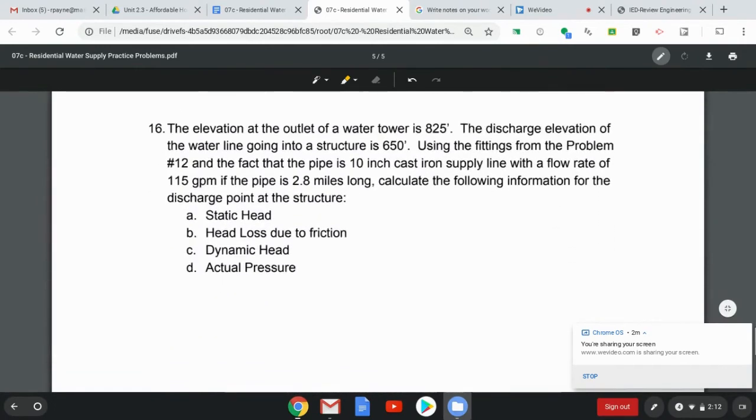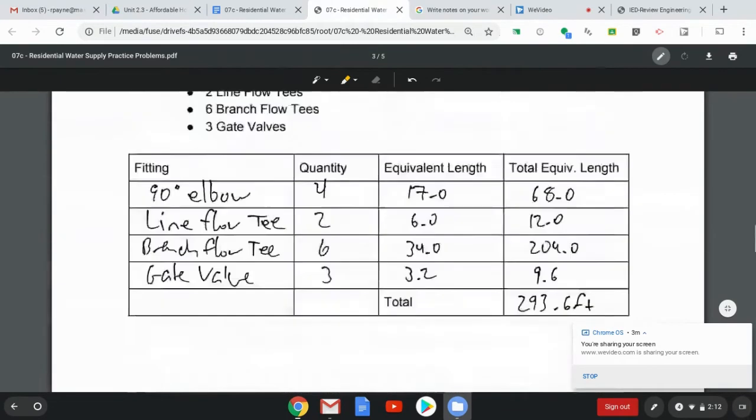And number 16, one more example problem. So we're going to go through the whole process: static head, head loss due to friction, dynamic head, and actual pressure. Based on this problem, the outlet elevation is 825 feet, the discharge elevation is 650. All the fittings are from problem 12.